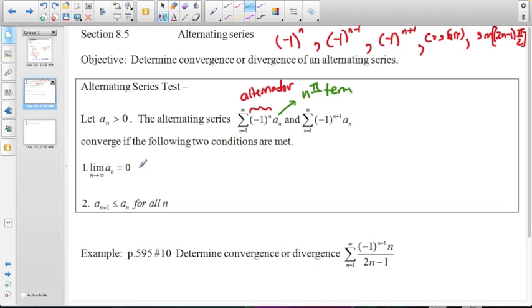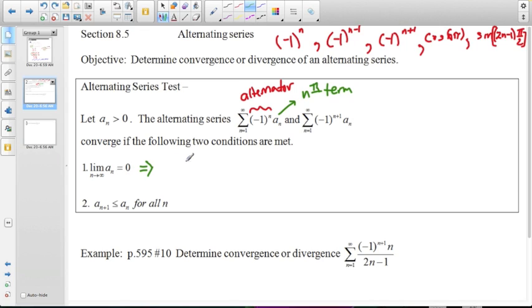What we take a look at is kind of a 2-part process. We talked about taking the limit of the nth term and the limit being equal to 0. This arises from the failure of the nth term test to be a test for convergence.